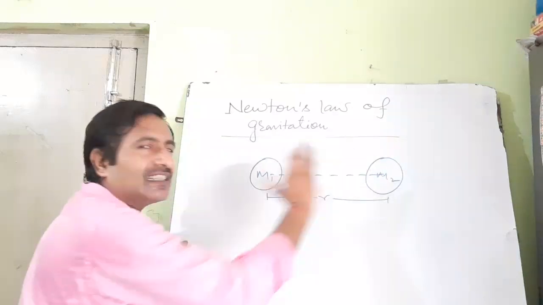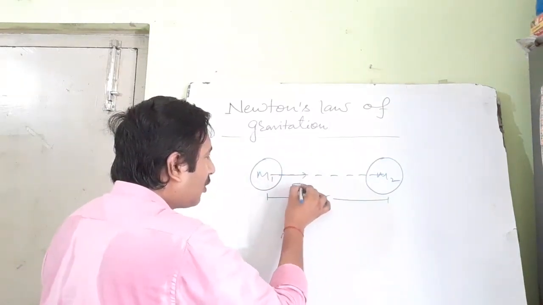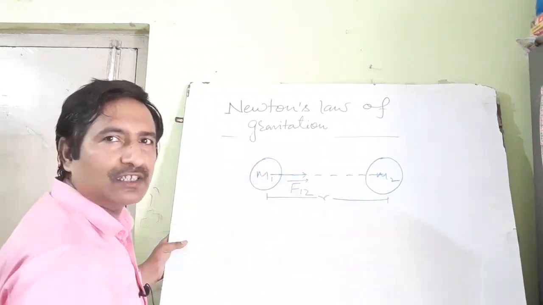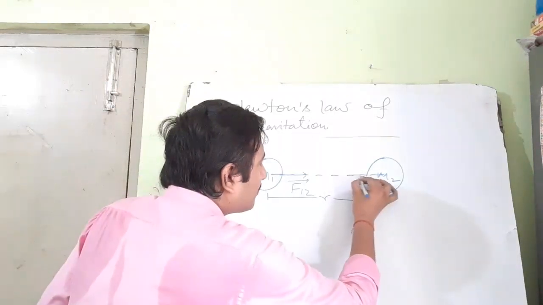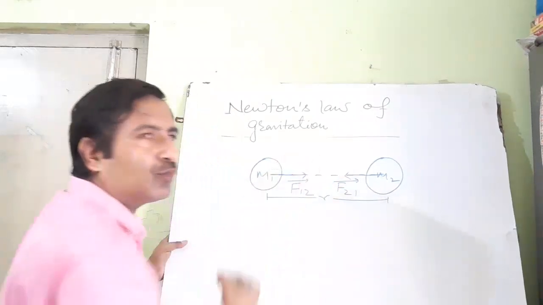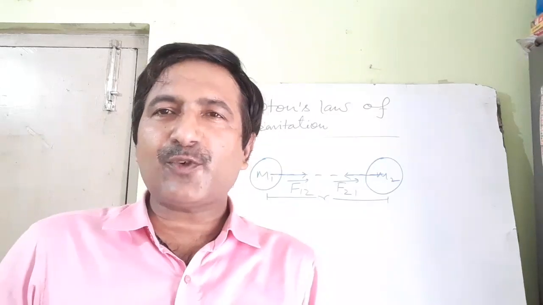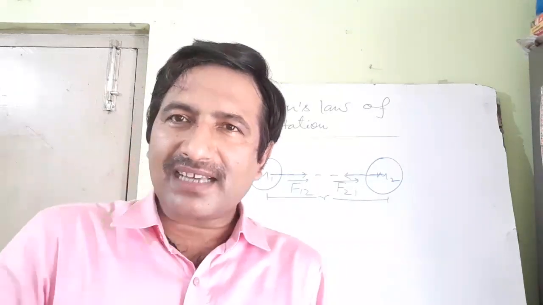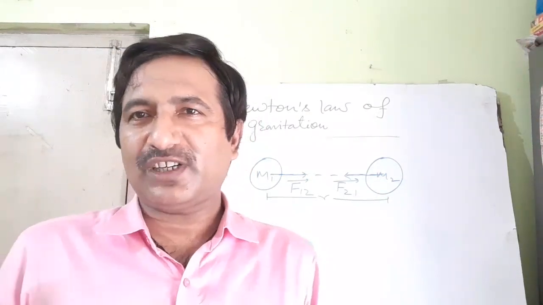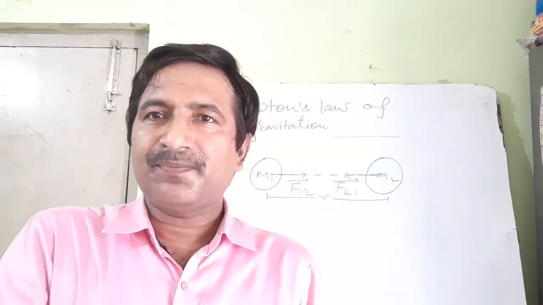Since m1 is getting attracted towards m2, the force on m1 is this one. This is called F12, the force on body 1 due to body 2. This is the force on body 2 due to body 1, F21. F12 means force on the first body applied by the second body.